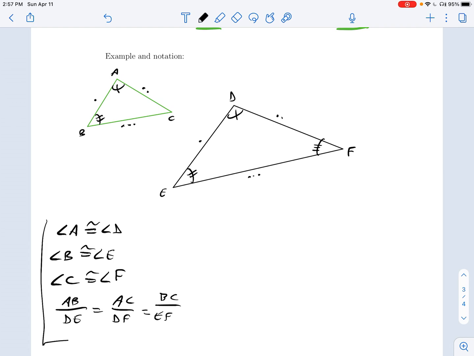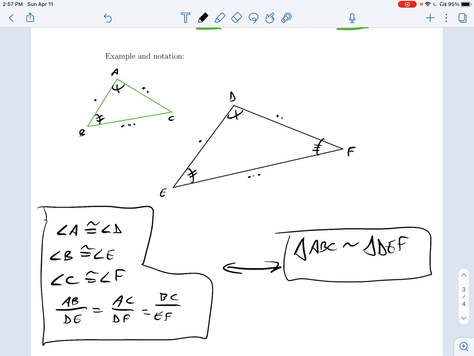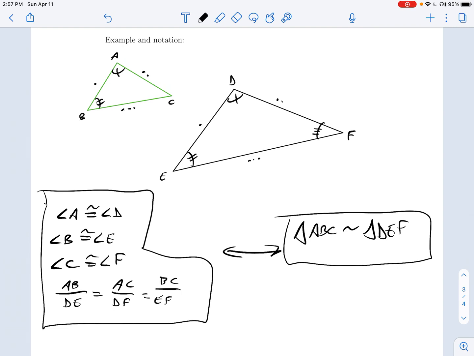If all of those things are true, these 4 facts, that's the same as saying triangle ABC is similar to triangle DEF. And I will remind you, as was the case with congruent triangles, the order matters.